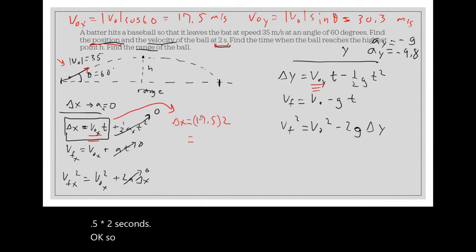Okay, so that's just, what, 35. So it's 35 meters in the x direction.